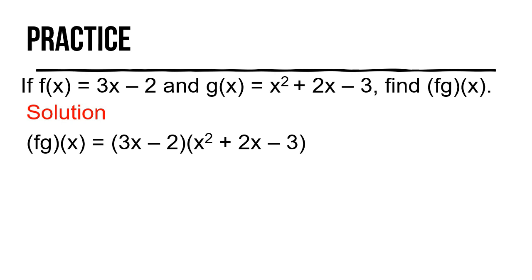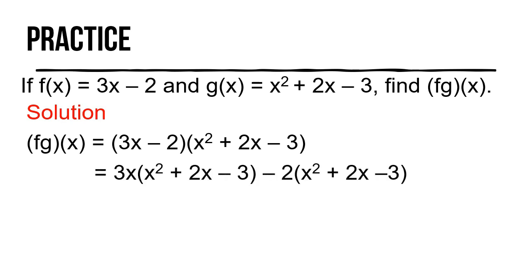So in terms of multiplication of algebraic expressions, we have our own methods or strategies. But if we are going to execute our solution properly, we're going to arrive at the correct answer. So in this case, 3x and negative 2 was multiplied to x squared plus 2x minus 3 by distributive property.